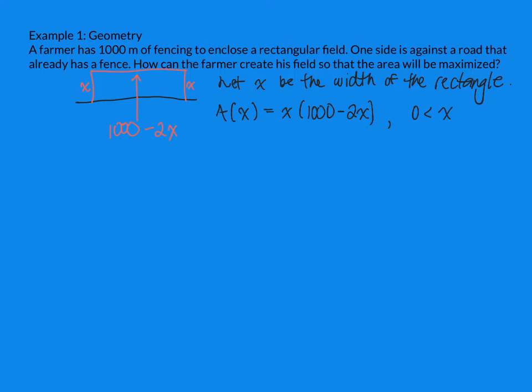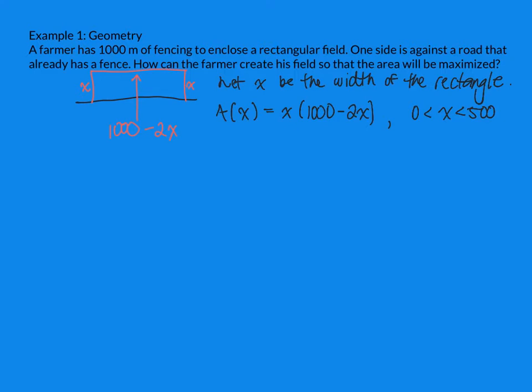So if x got to be so big that you couldn't have an actual length, that would be a problem. So it makes sense that x is going to be between 0 and 500, which means we actually have a defined interval for this. So it's probably going to be pretty reasonable that the answer is somewhere in between here. And again, you might remember the pattern for this. Maybe it'll come back to you once you see the answer for one of these questions.